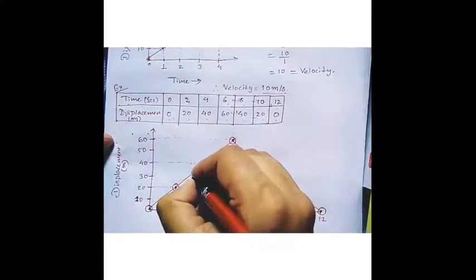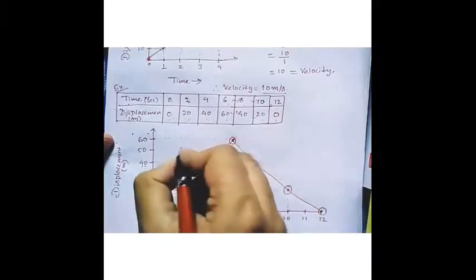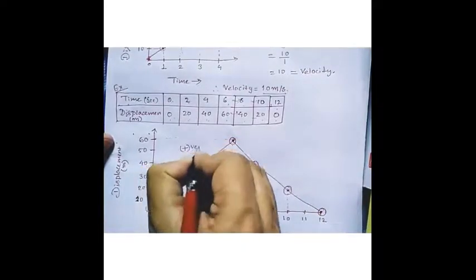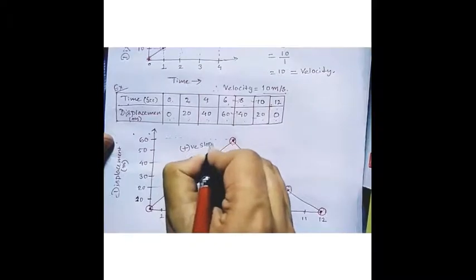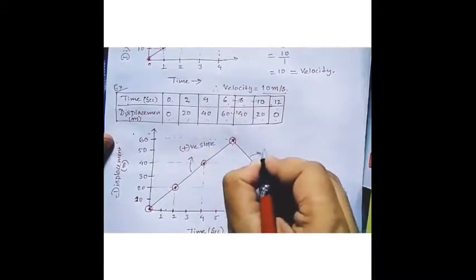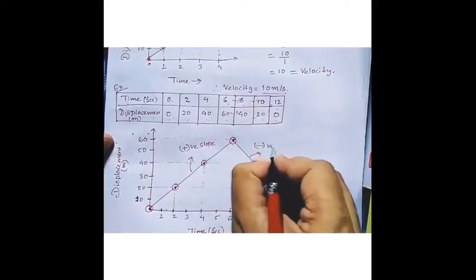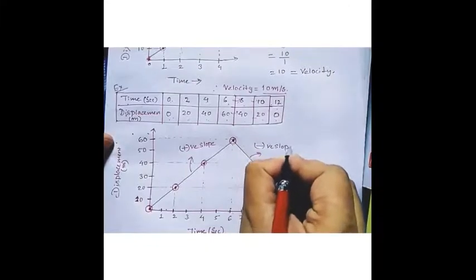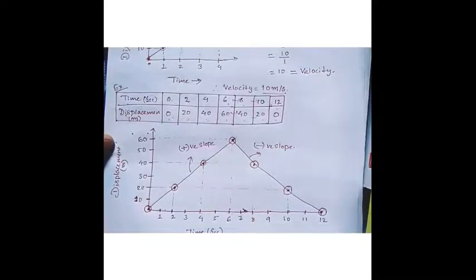So this is the total graph of the following points, and now this is positive slope and this is negative slope, because displacement is decreasing here with the increasing of time.